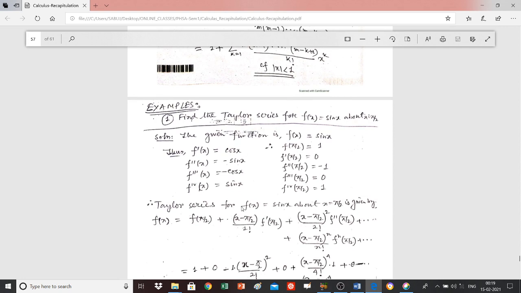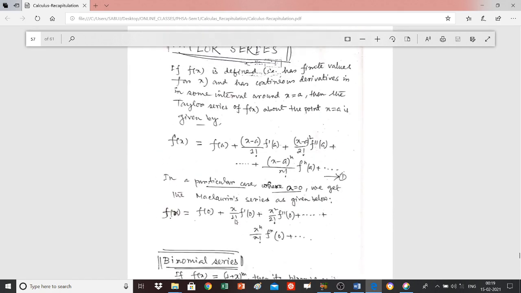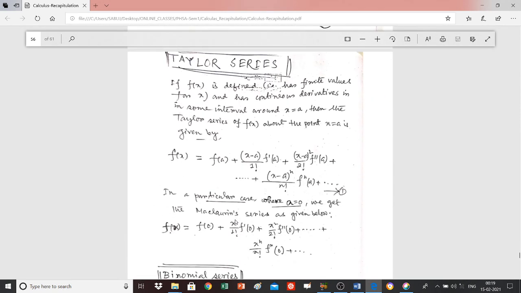So you know that the Taylor series expansion of f(x) about the point x is equal to pi by 2 can be given by the formula: f(x) is equal to f(a) plus (x minus a) by 1 factorial f prime a, then (x minus a) square by 2 factorial f double prime a.